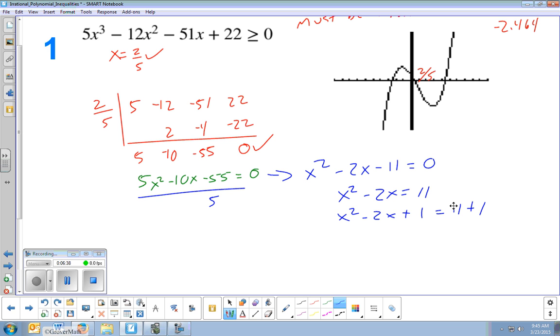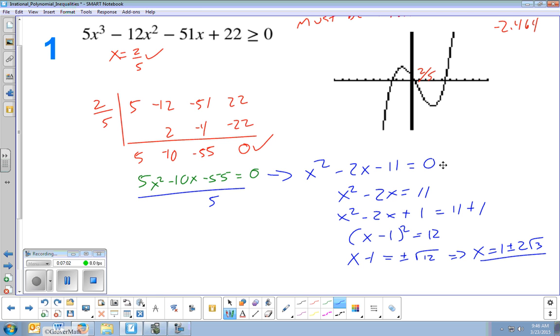Factors to x minus 1 squared equals 12. X minus 1 equals plus or minus rad 12. And lastly, I'll write it as x equals 1 plus or minus, and I can simplify rad 12. That'll be 2 rad 3. It's 4 times 3.